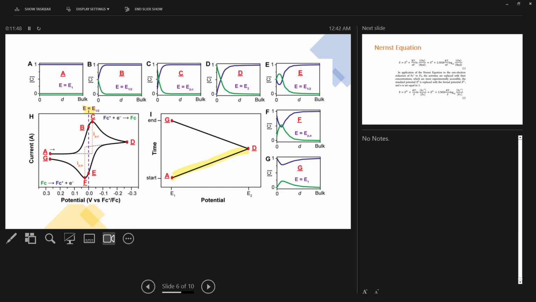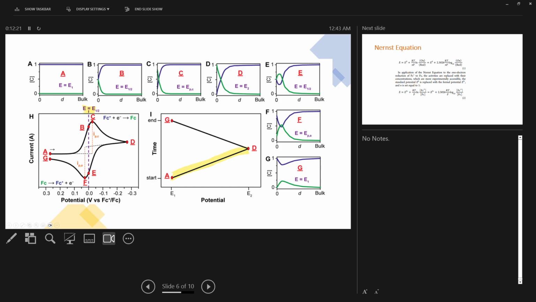As we move away from the cathode, the ferrocene concentration decreases again, while the ferrocenium concentration increases after a certain distance, where it becomes constant onward. This diagram is showing this point of the graph.